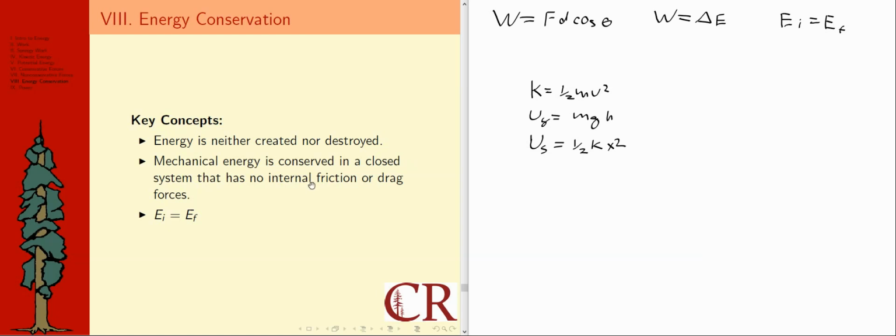And if it's mechanical energy transforming into thermal energy, that turns out to be problematic. We've seen some examples of that. That tends to happen when there are internal friction or drag forces. So removing that possibility, now we have a very powerful set of problem-solving tools in the form of this concept, the same formula that's down here, and these three formulas.